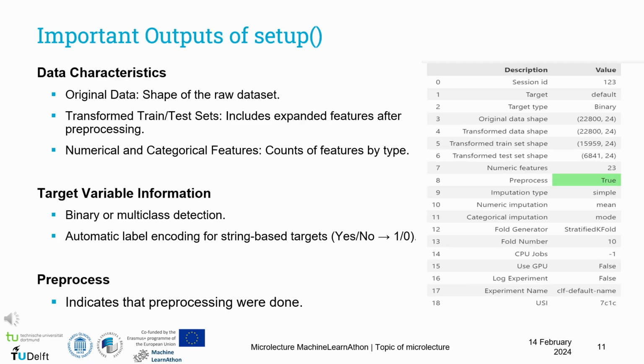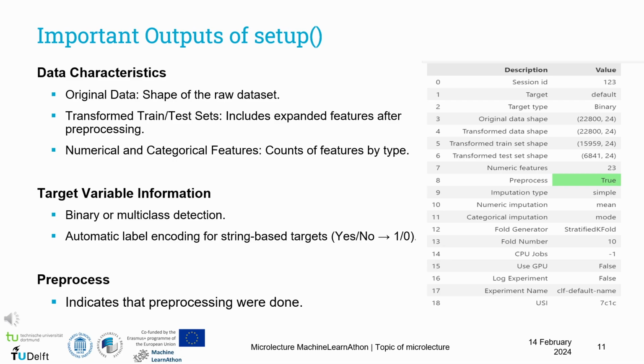After executing the setup function, PyCaret provides a detailed summary table that outlines how the dataset has been interpreted and processed. One of the most powerful aspects of this process is that PyCaret automatically detects whether each feature is numerical or categorical. In this example, it correctly identifies 23 numerical features. For any missing values, PyCaret applies simple imputation techniques, the mean for numeric features and the mode for categorical ones.